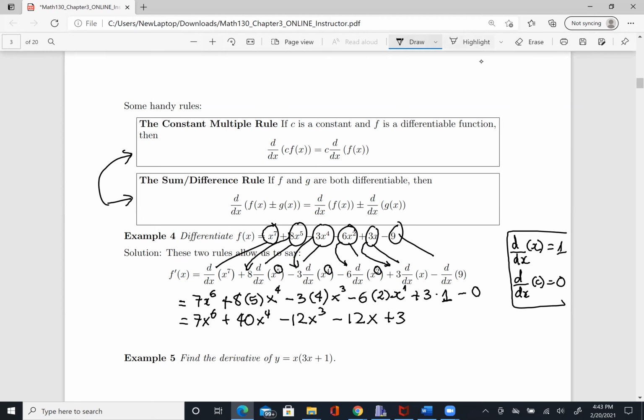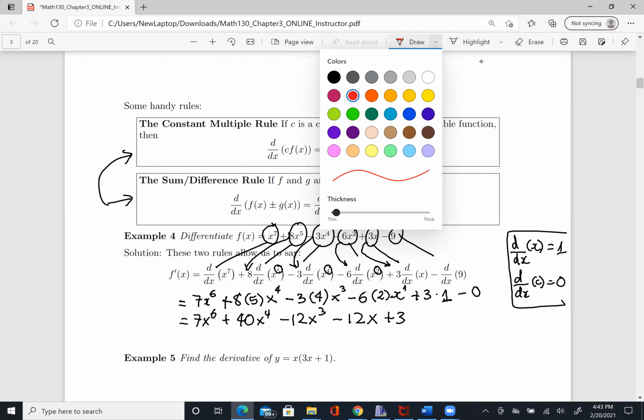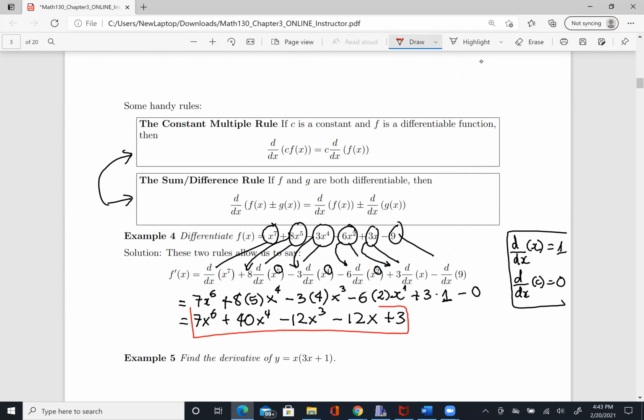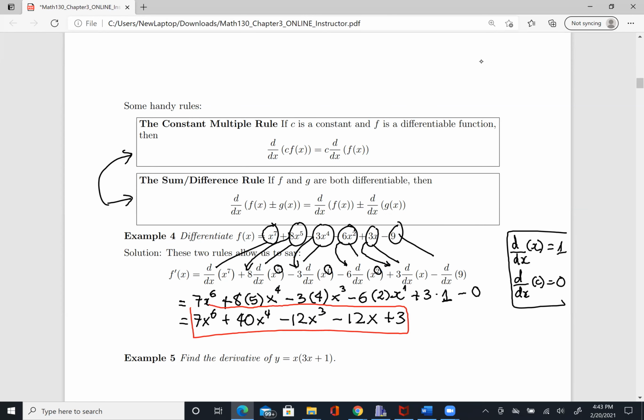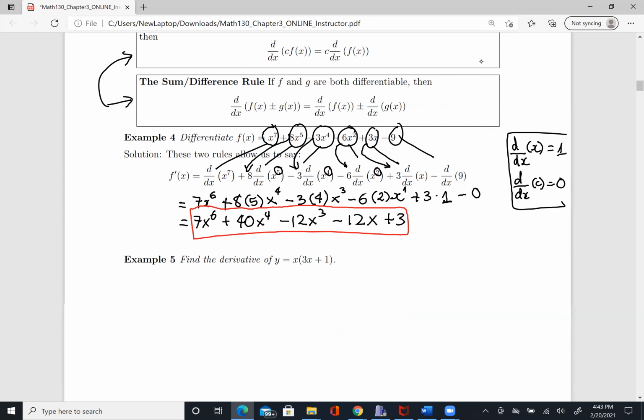Let me use the red one to circle this. I always like to circle the answer so the reader can see it easily. I really like it if all of you circle the answer when you finish the problem.